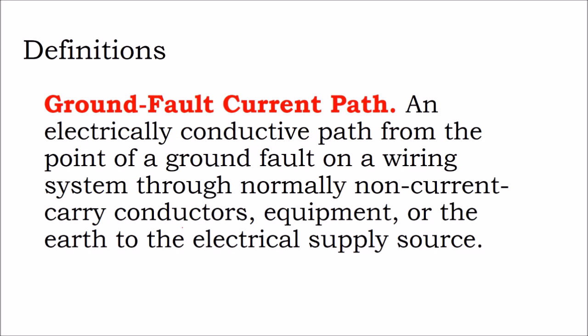It's an electrically conductive path from the point of the ground fault in the wiring system through non-current carrying conductors and equipment to earth to the electrical supply source. So, anything that is metal, through your equipment ground conductor or your metal housing that's connected to that is a ground fault current path.